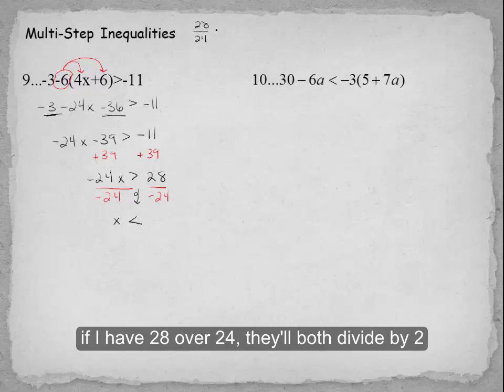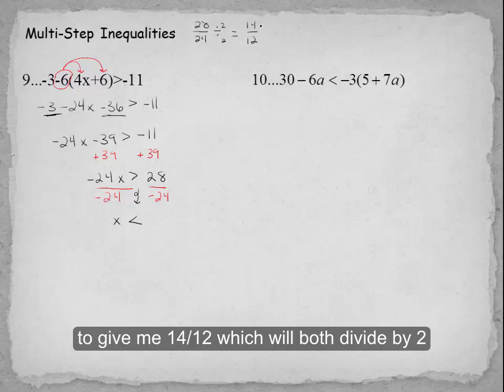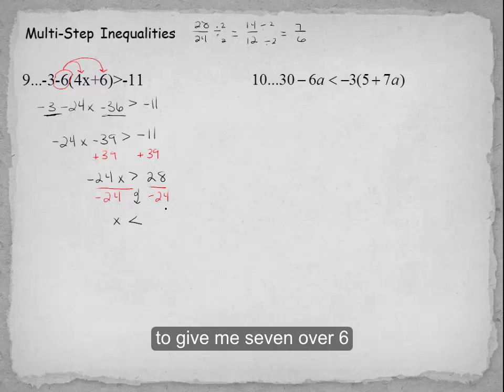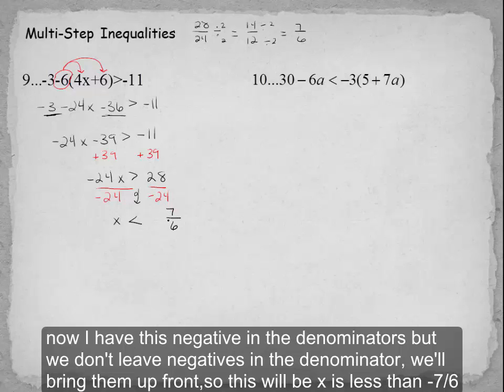If I have 28 over 24, they'll both divide by 2 to give me 14 over 12, which will both divide by 2 to give me 7 over 6. Now I have this negative in the denominator, but we don't leave negatives in the denominator. We'll bring them out front. So this will be x is less than negative 7/6.